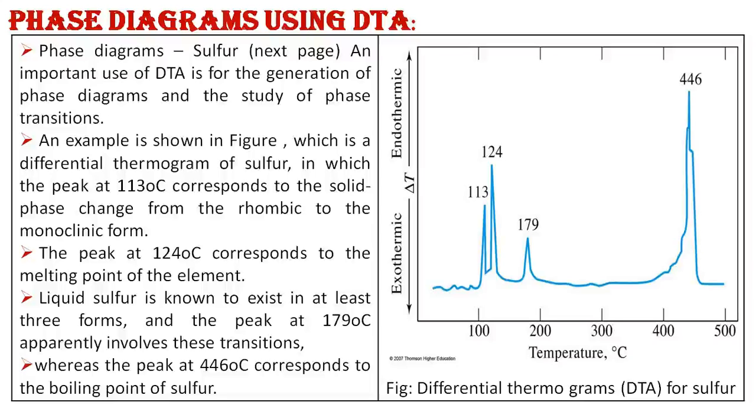Sulfur is known to exist in at least 3 forms, and the peak at 179 degrees Celsius apparently involves this transition, whereas the peak at 446 degrees Celsius corresponds to the boiling point of sulfur.